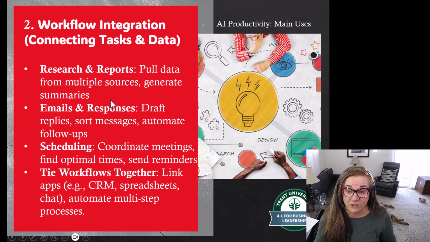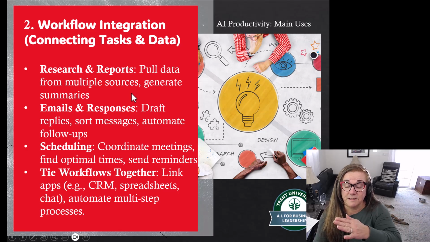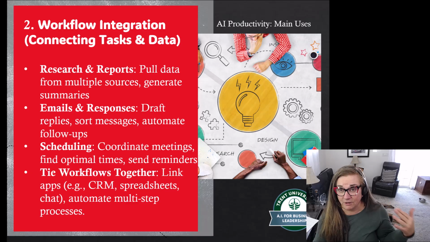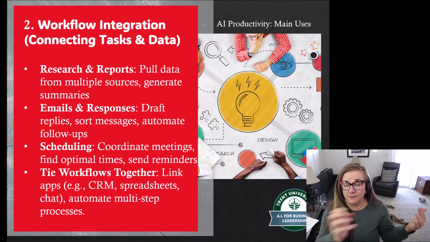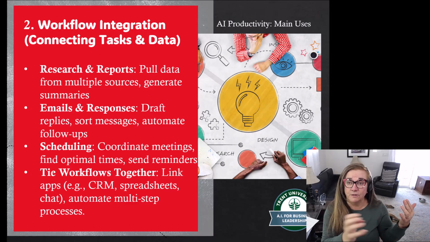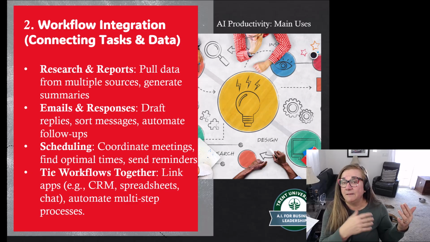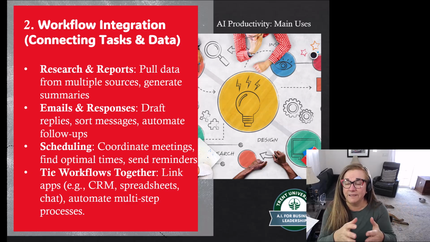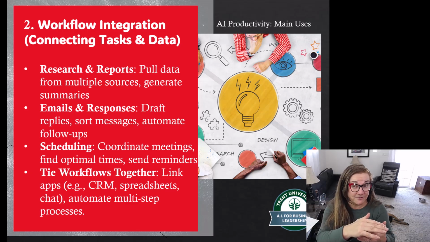Then there's workflow integration: pull multiple reports together and generate a summary. So you can have it do it automatically if you want, if you know people are sharing reports with you in a certain folder, and maybe every Friday you want it to go in, look at all the new reports from that week, and give you a summary. That would be productivity gains with a task built into it, which means automation.